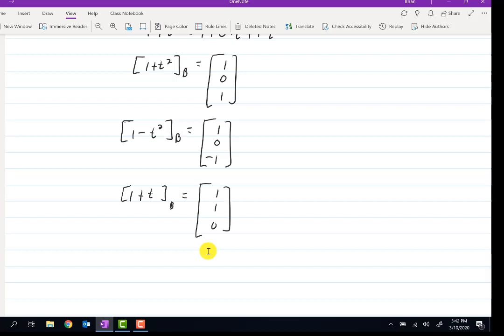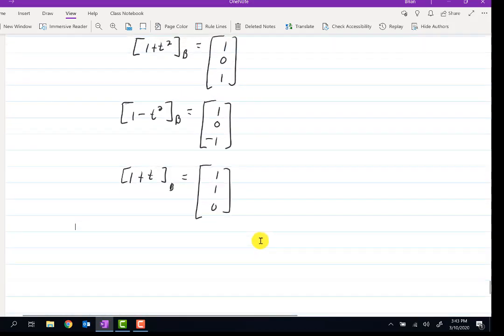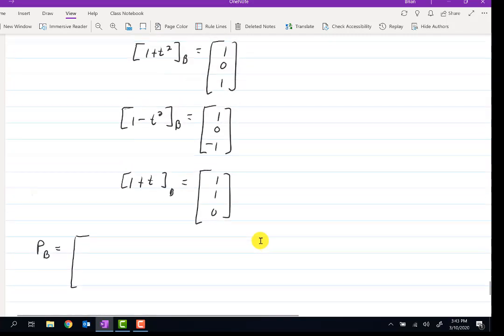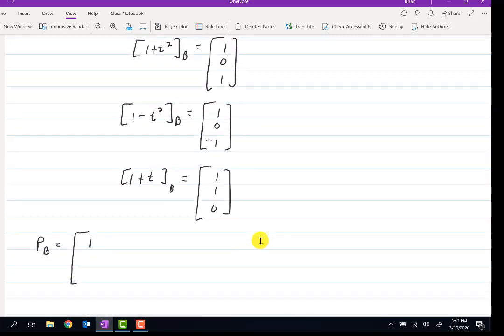So now all I got to do is consider a matrix with these columns in it. It's our P_B matrix actually: 1, 0, 1, 1, 0, negative 1, 1, 1, 0. I shouldn't have said P_B, that is not actually what it is.